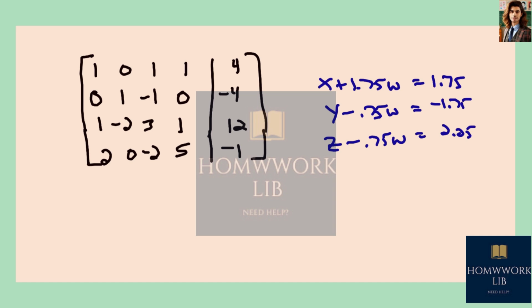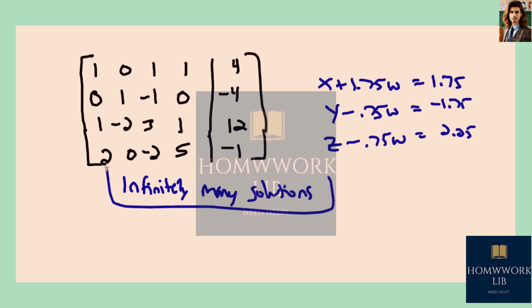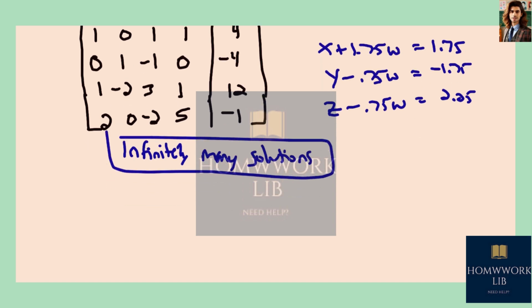So we can write our system, which has infinitely many solutions, in terms of w, because we can solve the first equation for x. X is negative 1.75w plus 1.75.